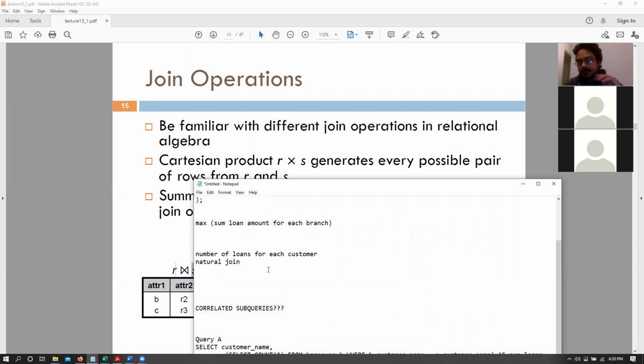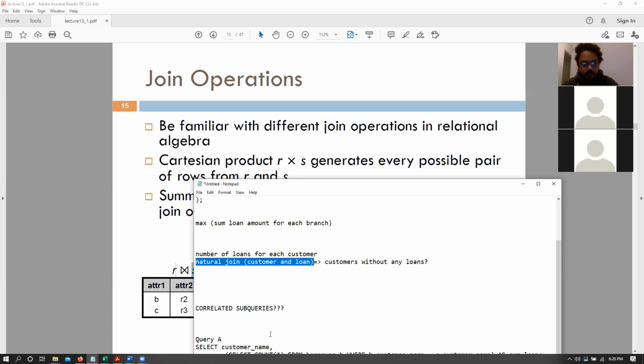on the customer and the loan table, would we know about customers without any loans? So if we perform a natural join on the customer and the loan table, would we know about the customers that do not have any loans?